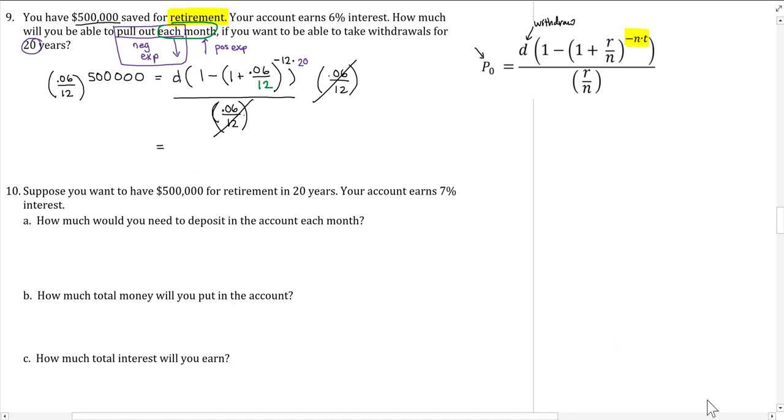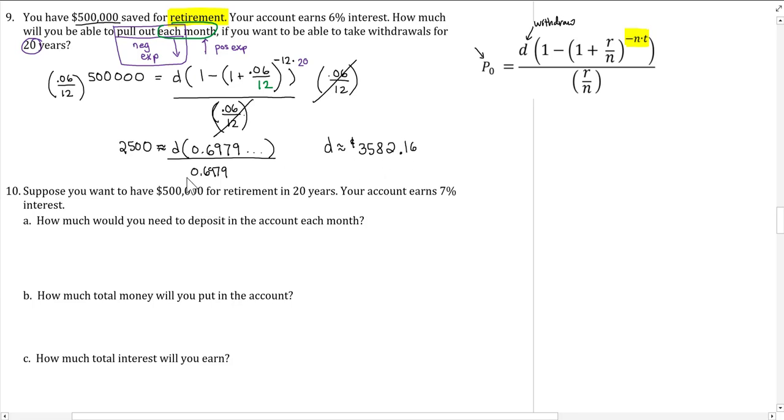Let's go ahead and finish this out. If I multiply both sides by that fraction, I get 2,500 on the left, and D is multiplied by 0.6979. Dividing that, I end up with D is approximately $3,582.16.